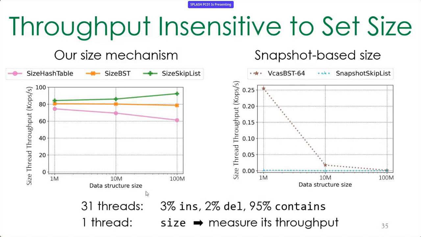No, so I think it's fairly incomparable because these approaches are incorrect. They can obviously perform much faster than us, but they don't give you the correct size, because the two operations are not atomic. But maybe you're asking whether we compare to just a solution using locks. Yes. Oh, all right. I see.